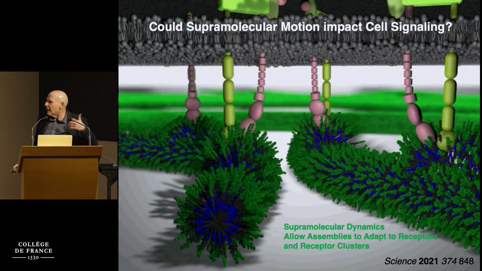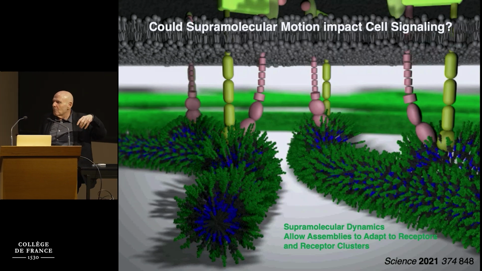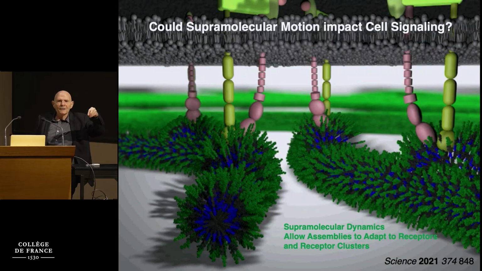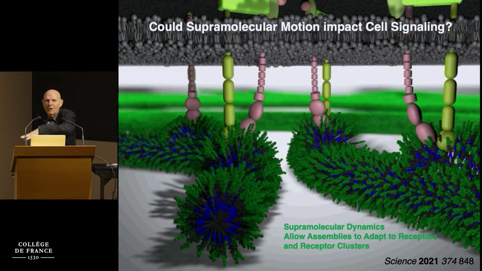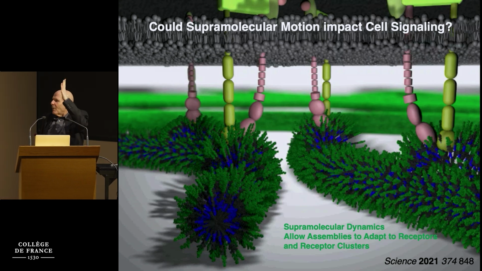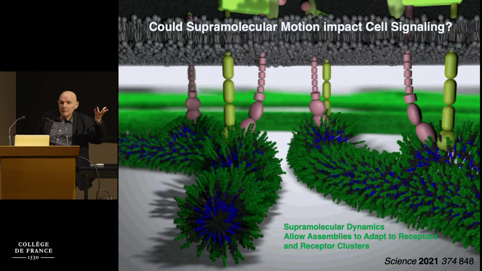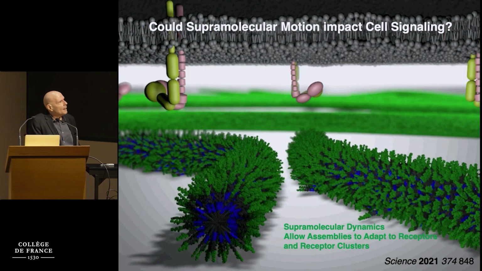But in this case, that can happen. The monomer can walk from position 10 to position 200. It can jump up, come back down. It might even leave, but come back again. So it's a really different world.